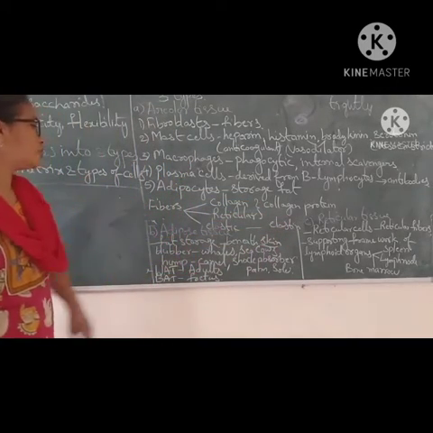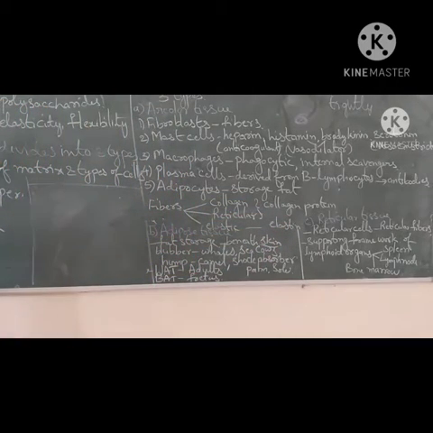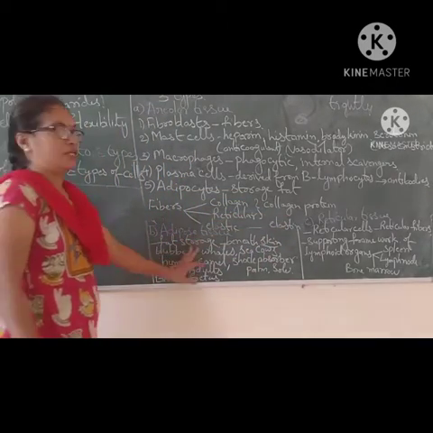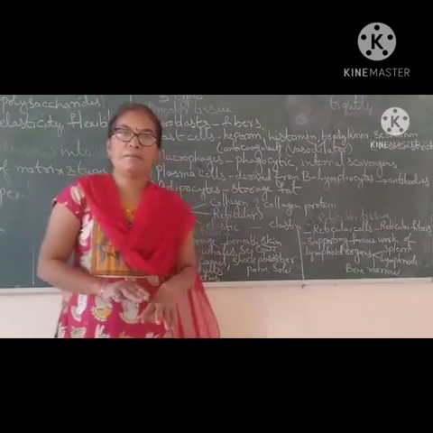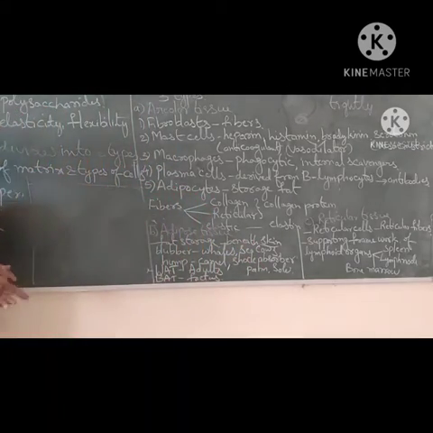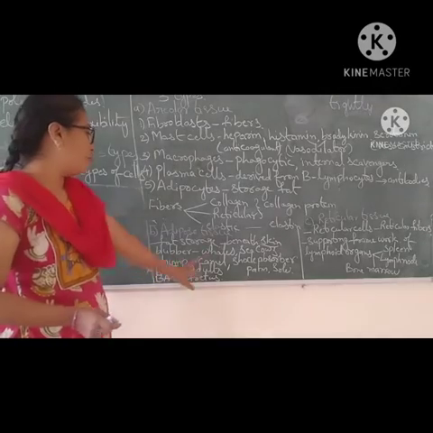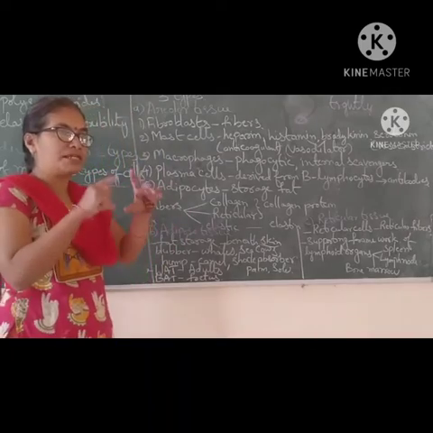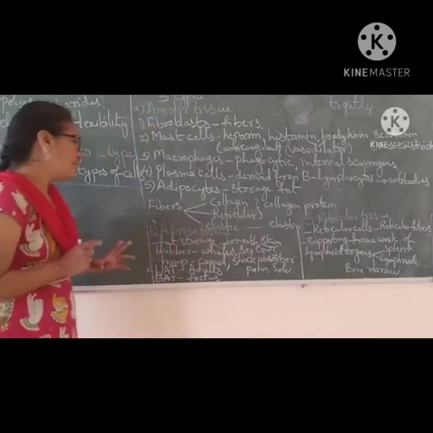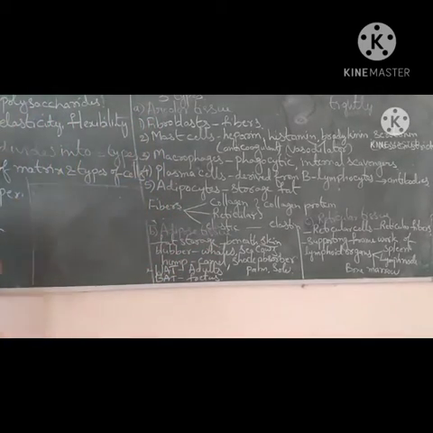Next, adipose tissue, whose main function is fat storage. It is mainly present beneath the skin, which helps in thermal regulation. Whales and sea cows contain blubber, meaning their skin is thicker, which helps in thermal regulation.